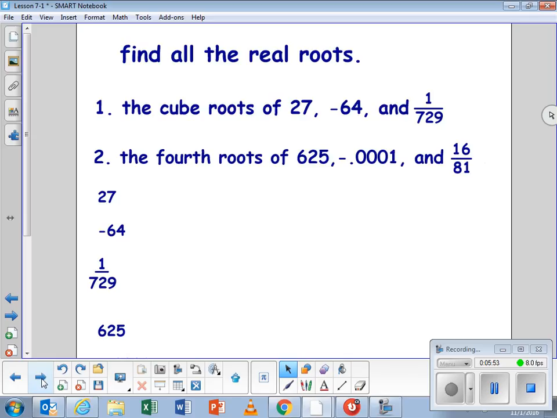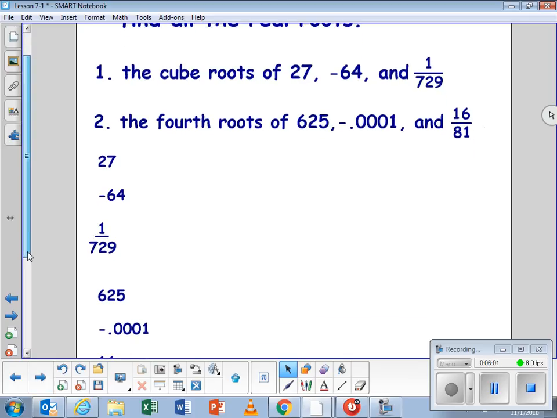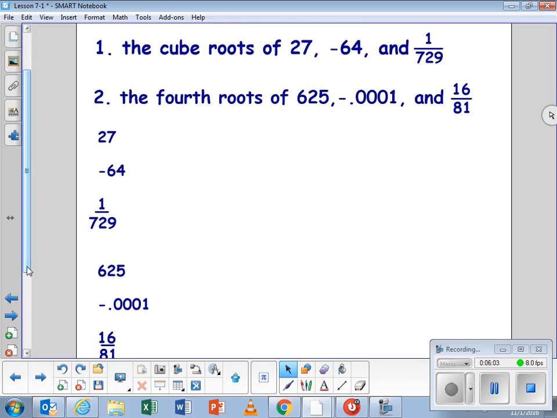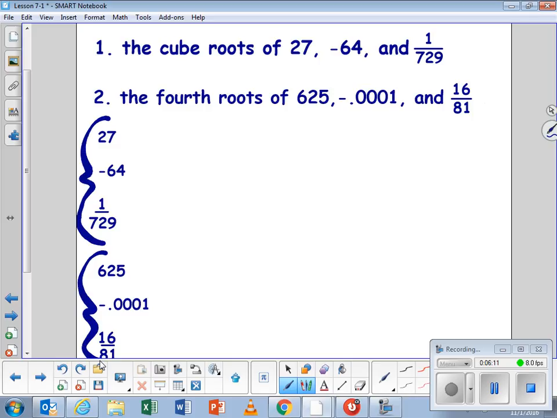Moving on. Find all the real roots. Cube roots of 27. These are all cube roots. And these are all fourth roots. Okay? So what's a cube root of 27? 3, negative 3, or 3? Good question. 3 and negative 3 or 3?